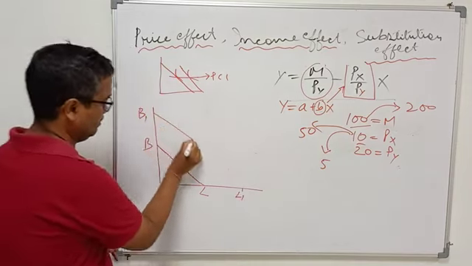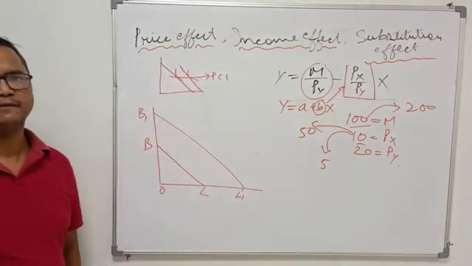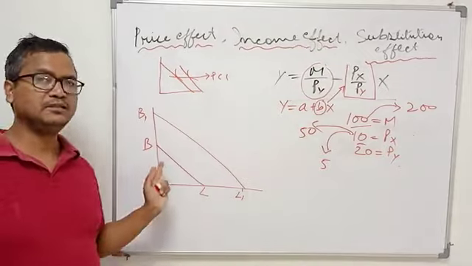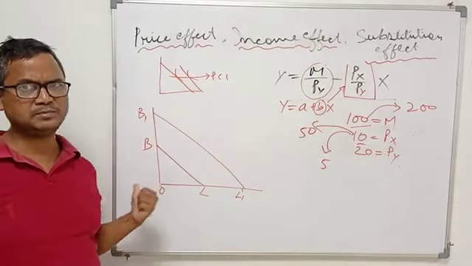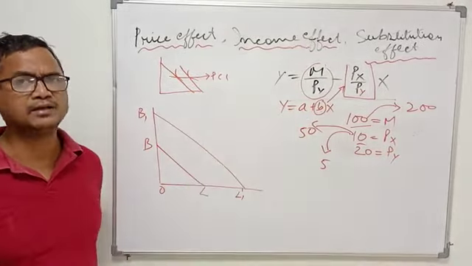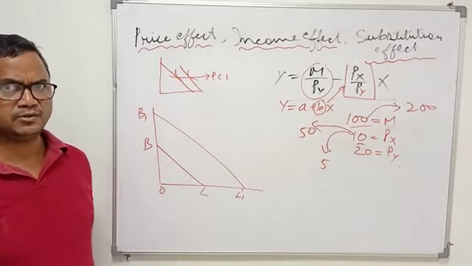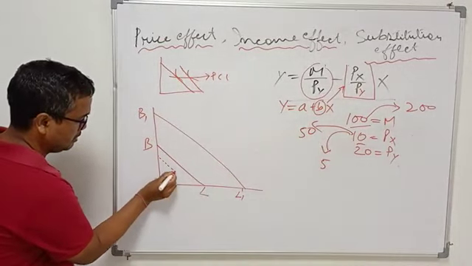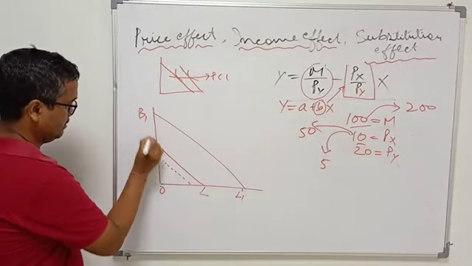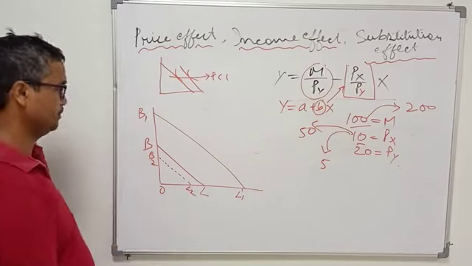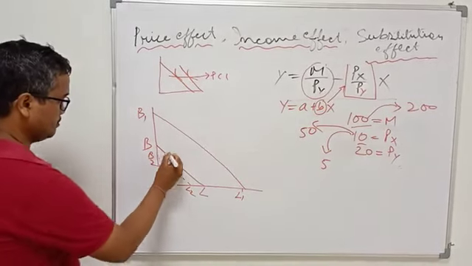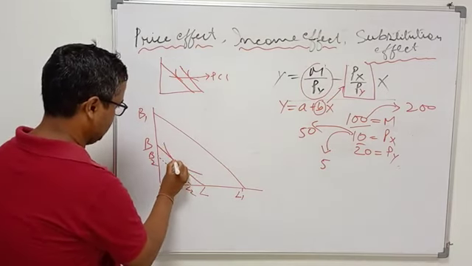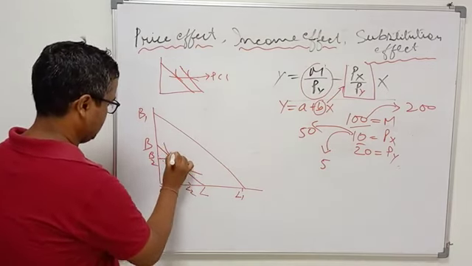If I join these, you will get a new budget line which is parallel to your original budget line. Why is it shifting upward? Because we are assuming our income has increased. If we assume that our income has decreased, then it will go to the left of the original budget line, B2, L2.